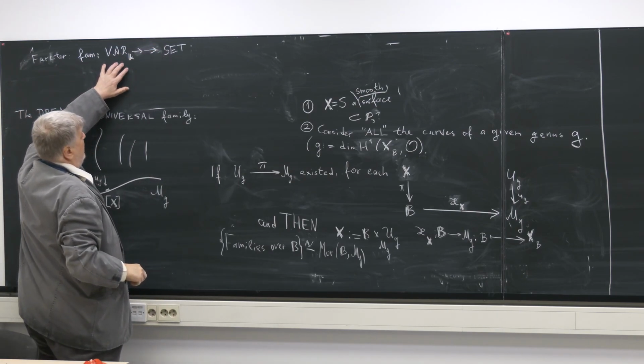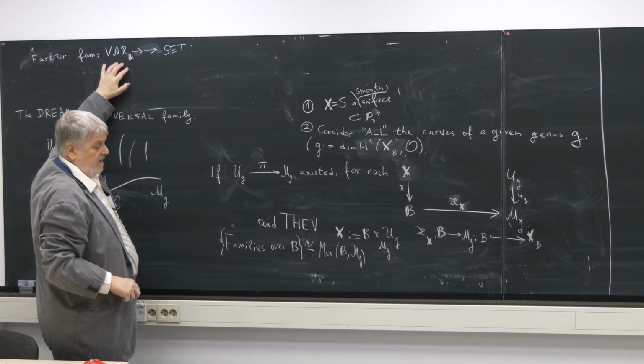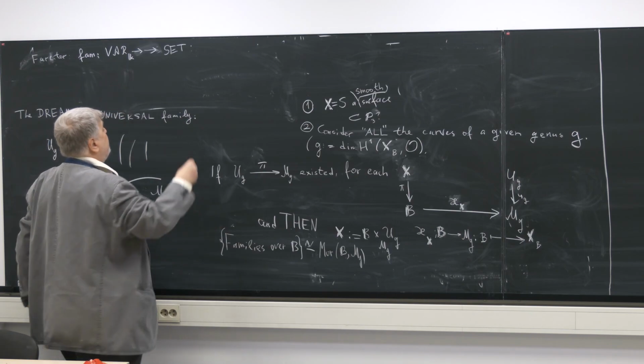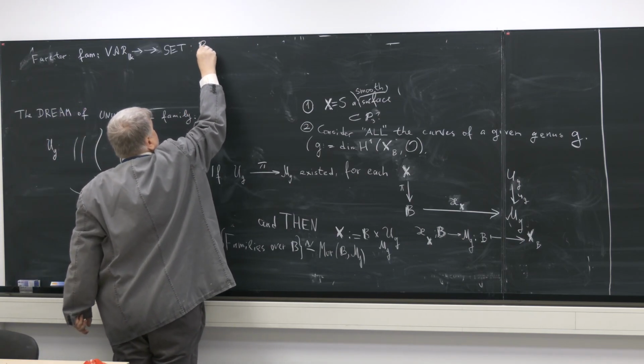So here we are considering varieties as bases of the families. So we have a notation for it.